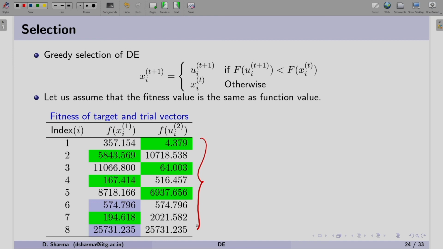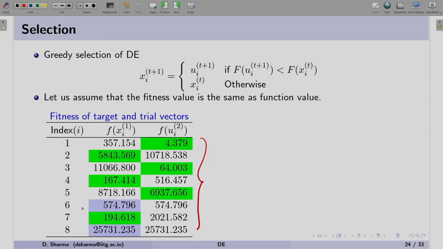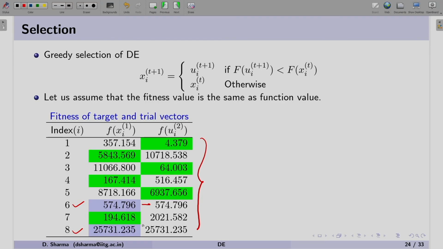Here, you can see all the green cells say which particular vector we are going to select. Some different color, such as in 6 and 8, is shown. It is because our target vector as well as our trial vector, both of them are the same. Since both of them are the same, we can select any one.